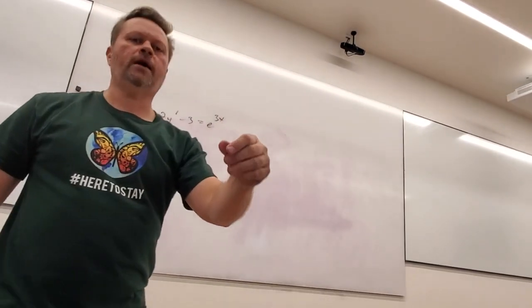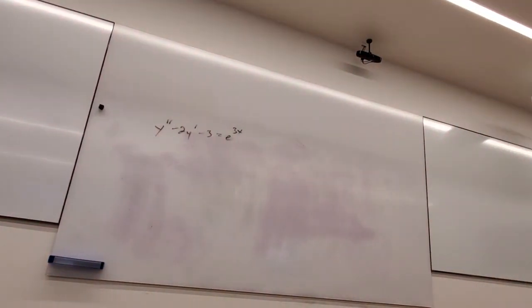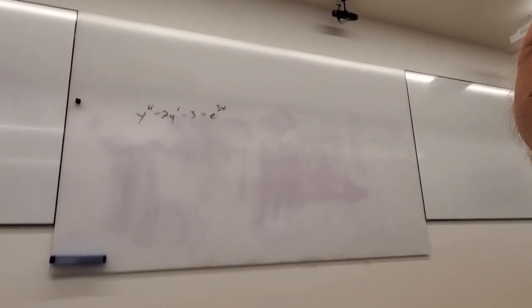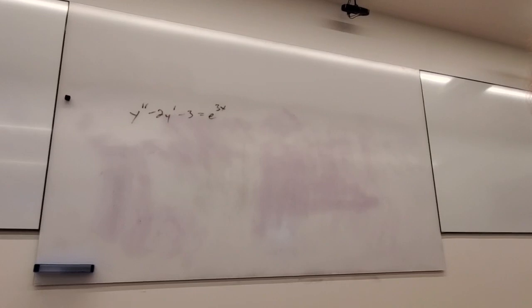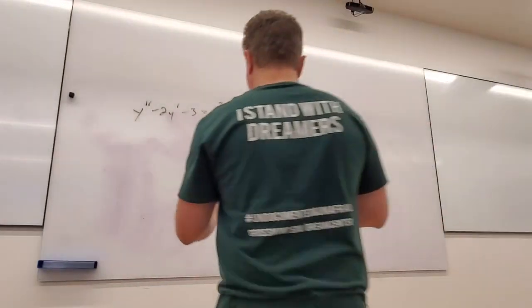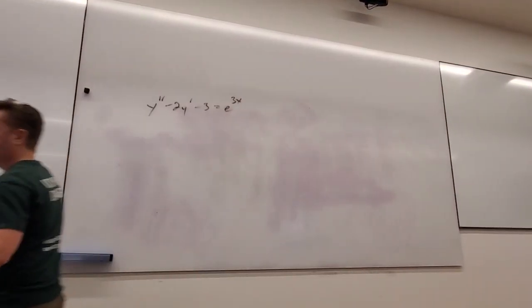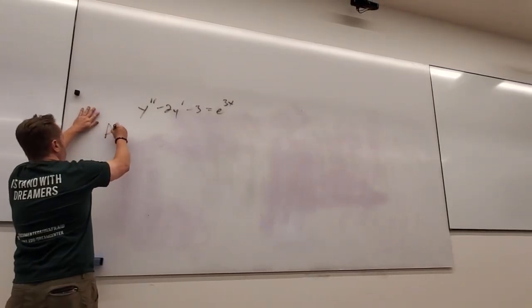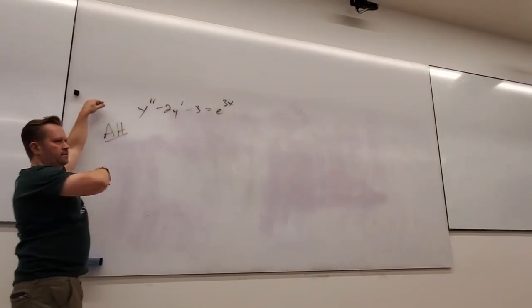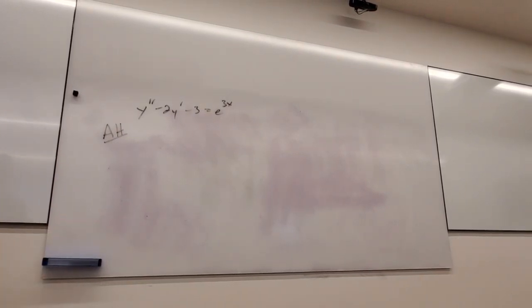Associated homogeneous. Yeah, so that's called the what? Set up the AH. I thought you guys might have fun with that. So what's the AH? Associated homogeneous. We're just going to call it AH, right?